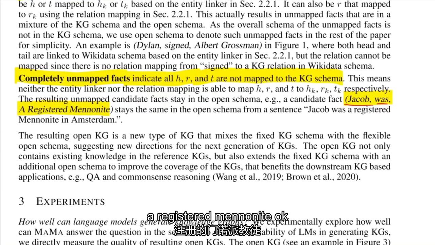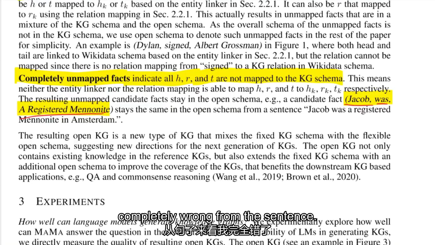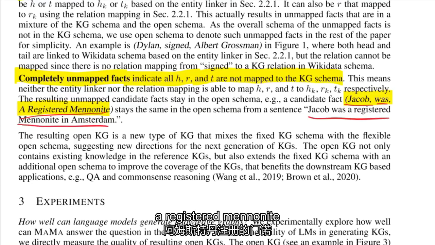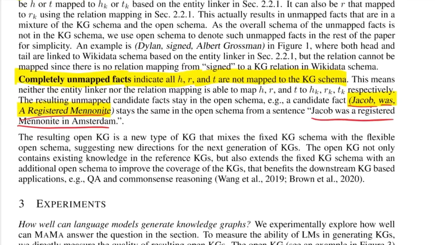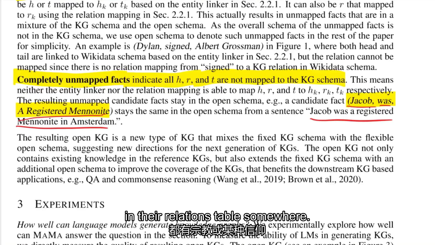Jacob was a registered Mennonite. Okay, now, maybe I'm completely wrong. From the sentence, Jacob was a registered Mennonite in Amsterdam. I might be completely wrong, but Mennonite is a religion, I think. And I'm very, very sure that any of these knowledge graphs with the schemas that they have have being in a religion or being of a certain faith in their relations table somewhere.